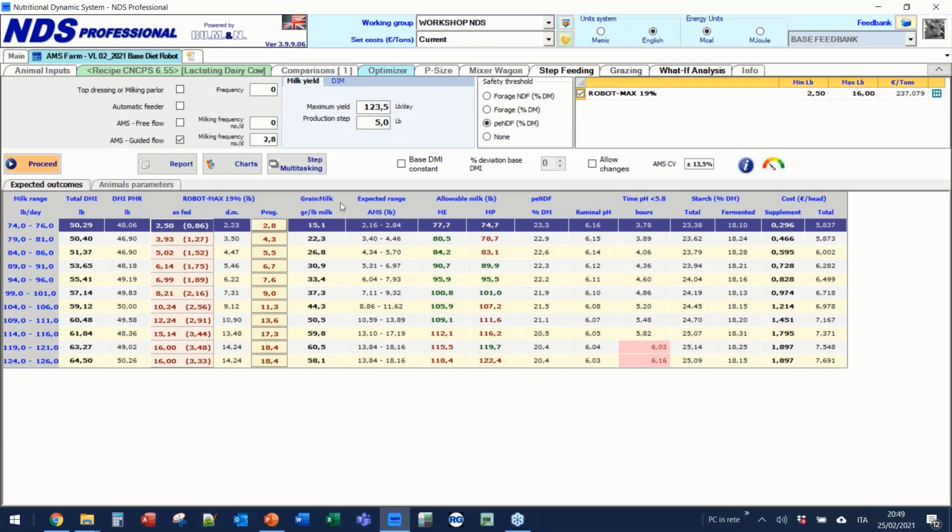AMS. The grams of concentrate pellet per pound of milk, the expected range of intake based on the deviation we observed in the research I mentioned with Penner, Greg Penner.